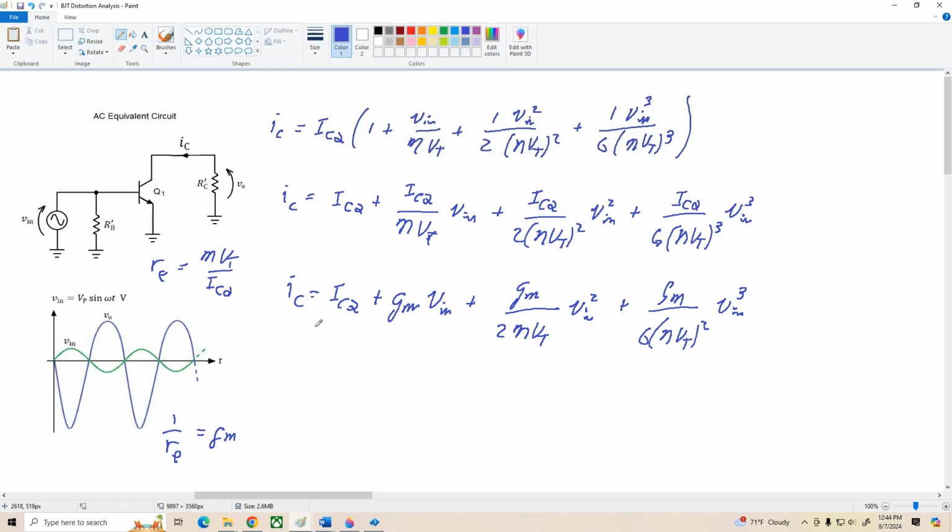All right, now remember what we're after is an equation for V out, so we're going to have to take our IC equation, multiply it by negative R prime C, and we're also going to eliminate this first term. That's a DC term. It's blocked by the coupling cap.